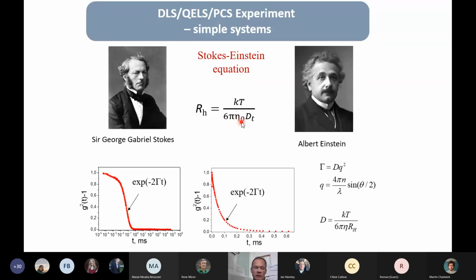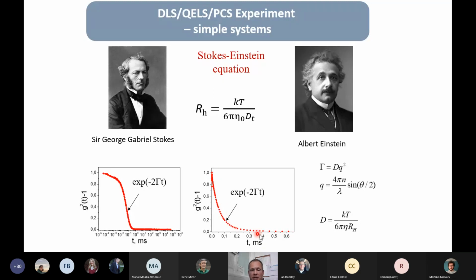So the classical experiment works in such a way that we are measuring the correlation function. Again, to remind you, at short delay times we have a very deterministic situation. Here we have a very probabilistic, or stochastic, one.